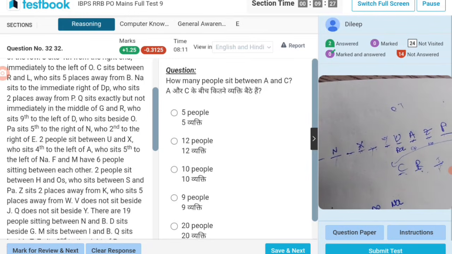Two people between H and OS. Who sits between S and PA. A and C. 1, 2, 3, 4, 5, 6, 7, 8, 9.